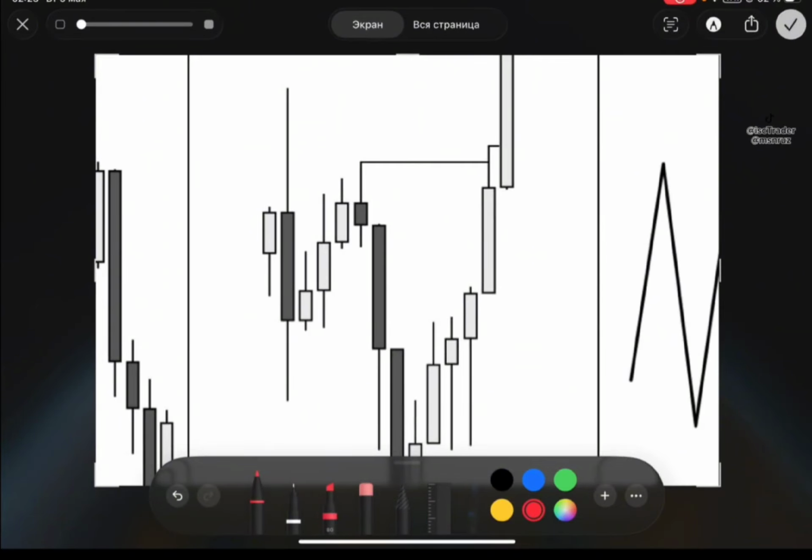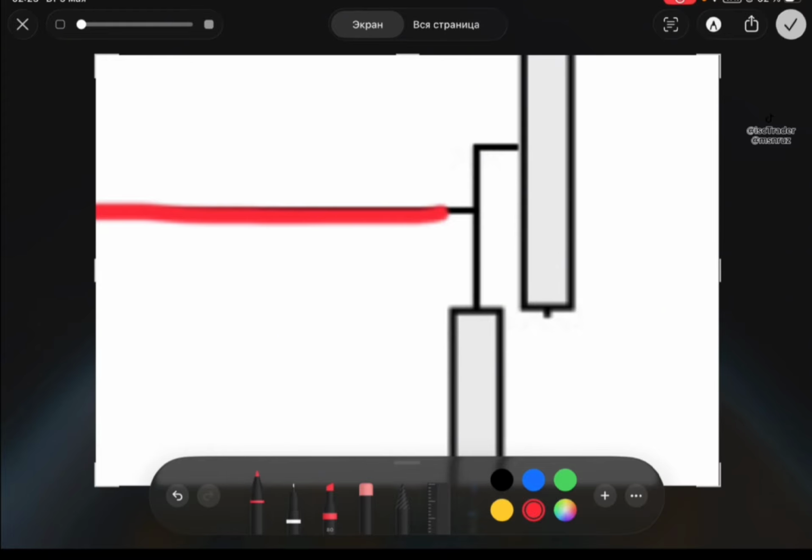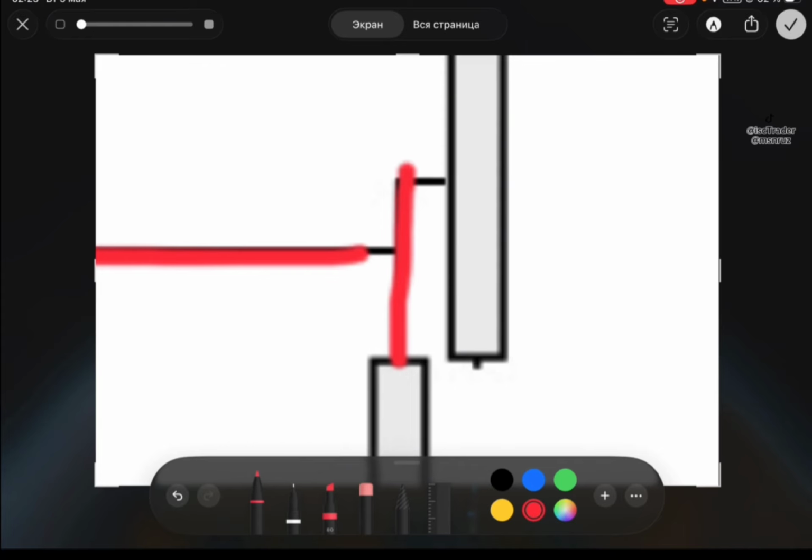And right over here, we also have a liquidity sweep breakout. Is there a breakout happening here? Yes, there is. And this candle is closing with its shadow. And the candle that actually closed with its shadow is being broken by the next candle's body.